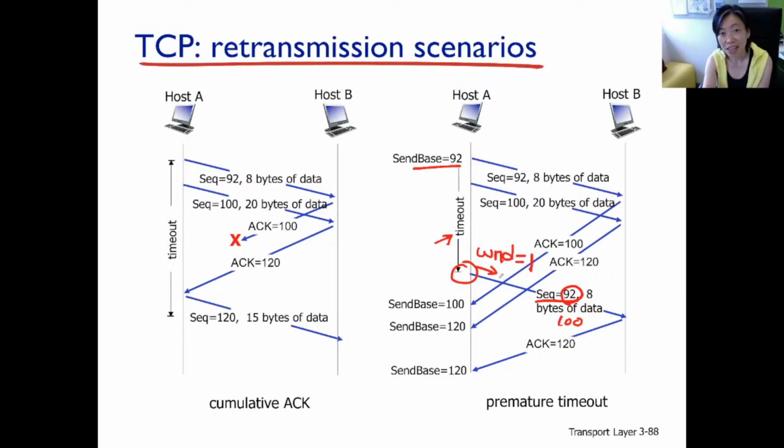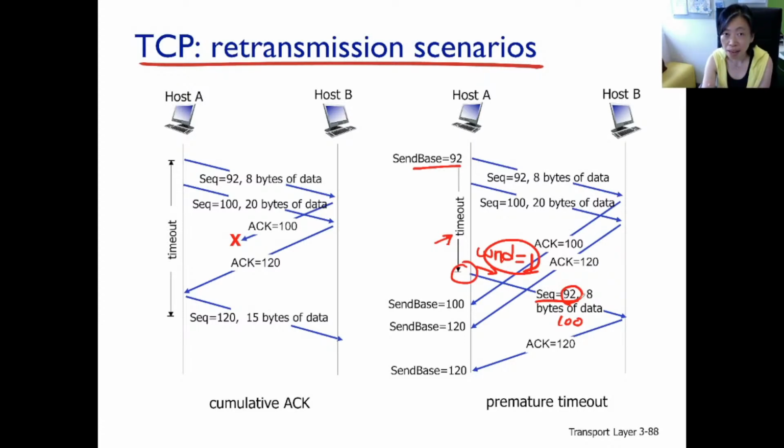That is saying, when the timer expires, the sender is going to retransmit, but the window size is actually limiting it such that we can only send 1 segment. And 92 is the smallest sequence number, and this is the only packet that can be transmitted.